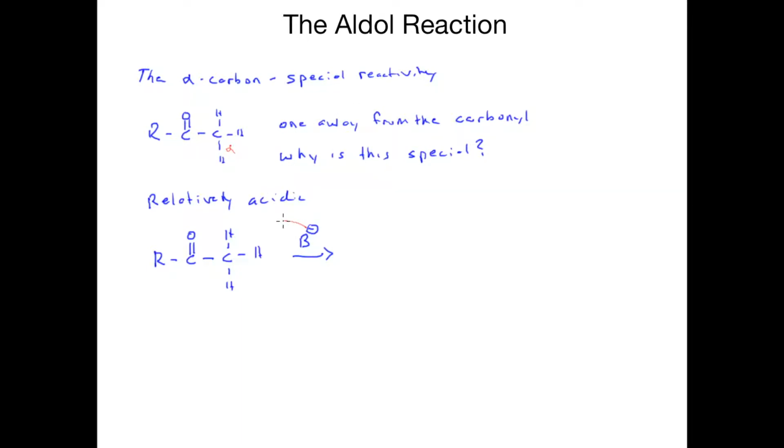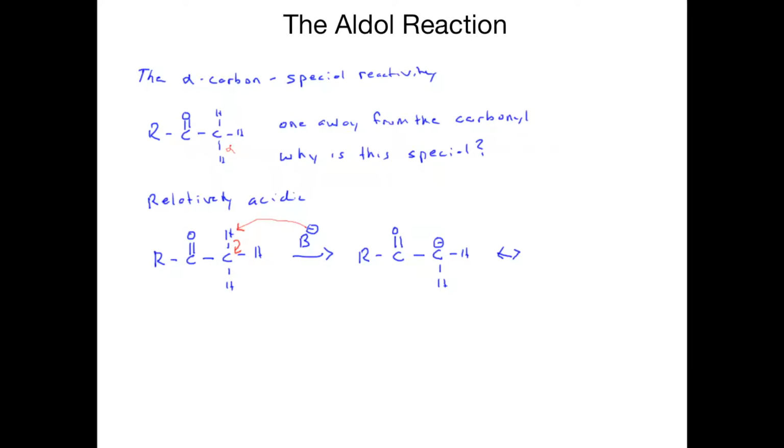And I can actually deprotonate by having a base take off a hydrogen and put a negative charge on the carbon that is adjacent to the carbonyl. So the big question is, why is there some acidity to that? Why is it that I can have a negative charge on this carbon? Because normally you don't see a carbon that has a negative charge on it.